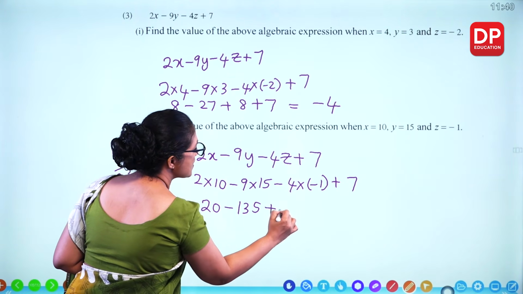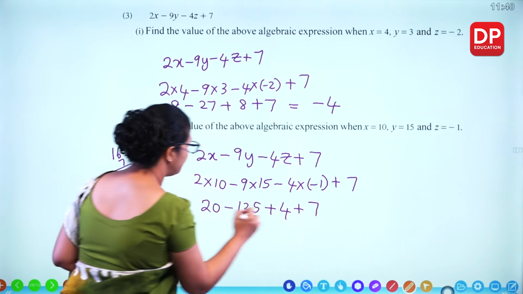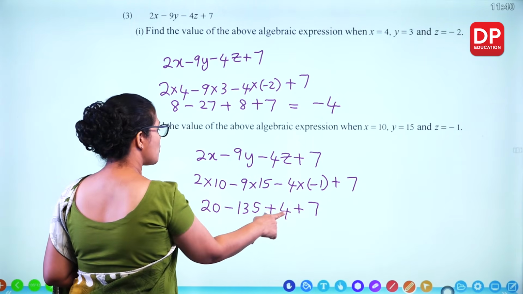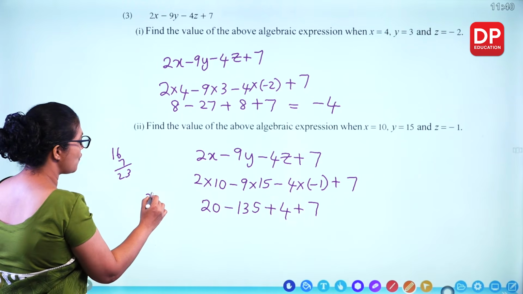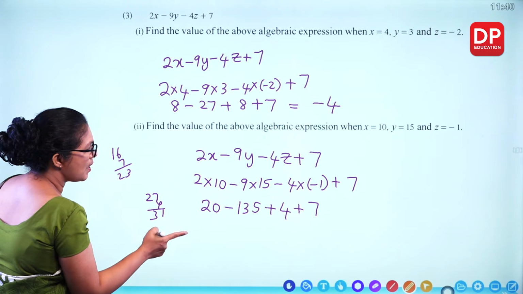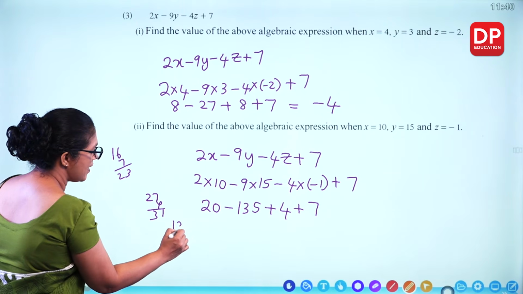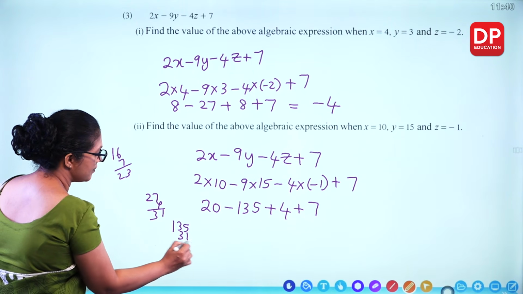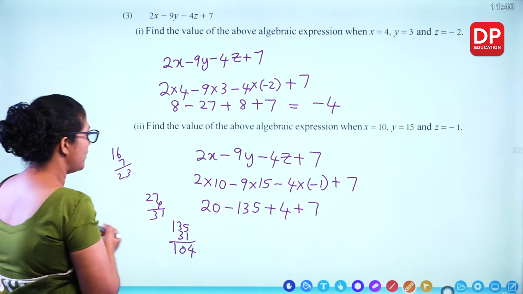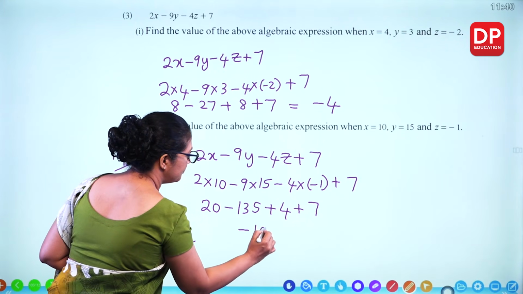Minus minus plus 4. Now 20 plus 7, 27. 27 plus 4, 31. 31 minus 135. So 135 minus 31. You get 104. That's minus.